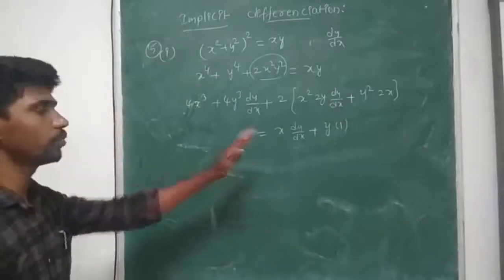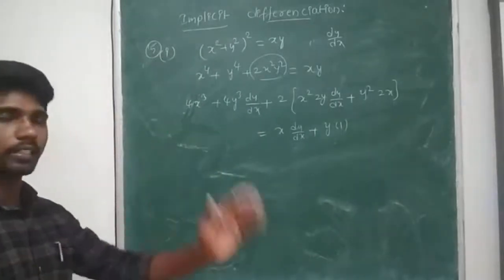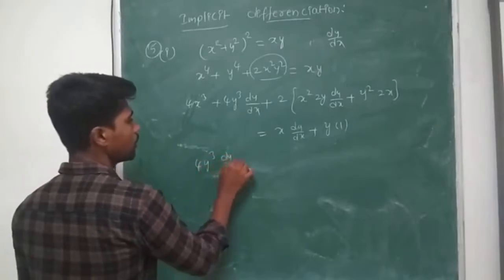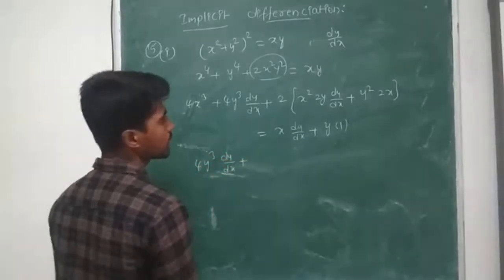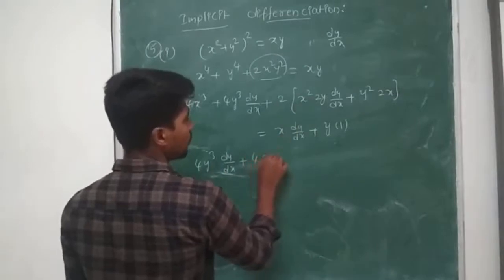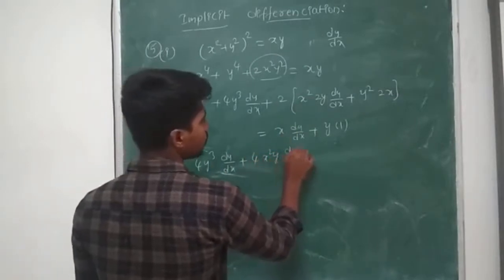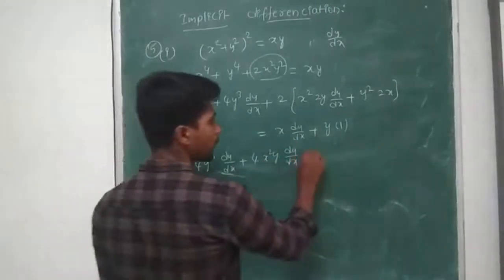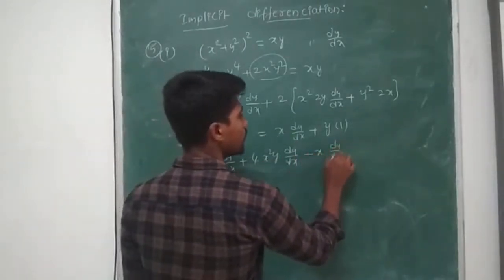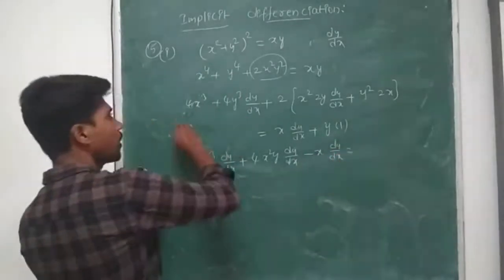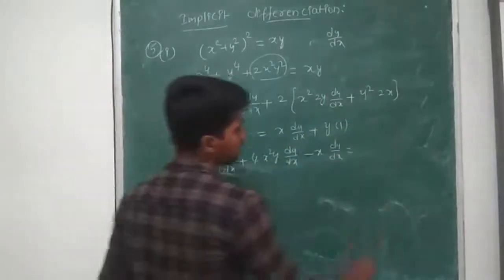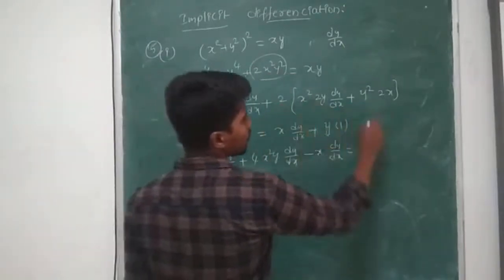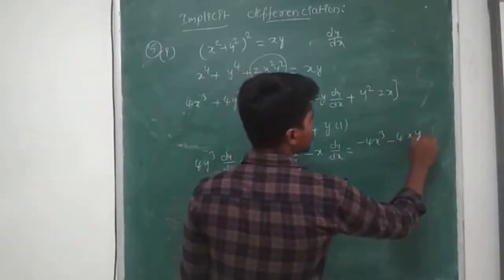Separation means all derivatives I send to the left side and other things to the right side. So all the derivative terms I have here: 4y cube into dy by dx plus 2 twos are 4x square y dy by dx. Sending to the left side, we get minus x into dy by dx. The rest I transfer to the right side: minus 4x cube, and 2 twos are 4, minus 4xy square.